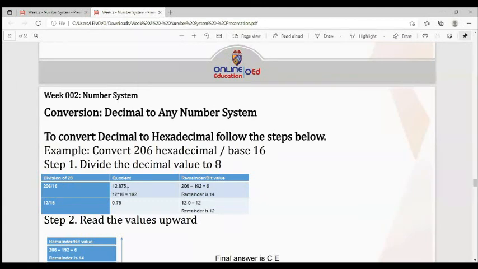The answer is 12.875. Ngayon kunin mo yung 12 na nakuha mo, multiply mo by 16, the result is 192. I-subtract mo ngayon si 192 sa 206. So para makuha mo yung remainder, the result is 14.